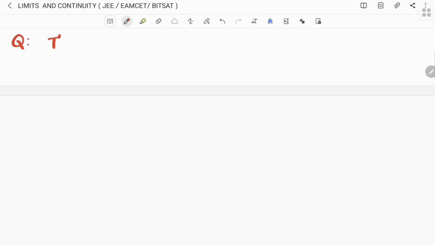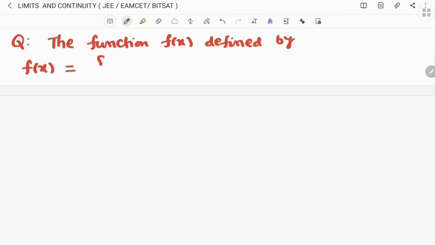The function f is defined by f of x equal to x into sine of 1 by x for x not equal to 0, and 0 for x equal to 0.